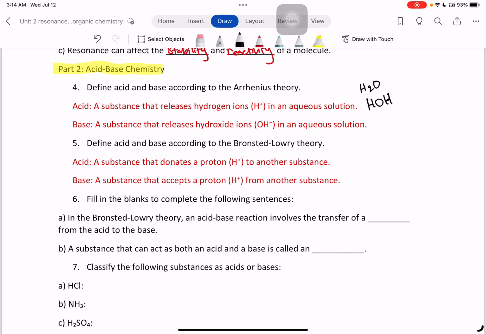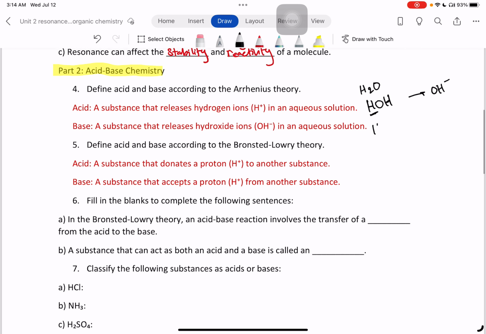When it reacts with NH3, it's going to release its H, leaving an OH-. If it acts as a base and reacts with an acid like HCl, it would give off the hydroxide, leaving an H+. Sometimes this H+ is written as H3O+. These two are the same thing.